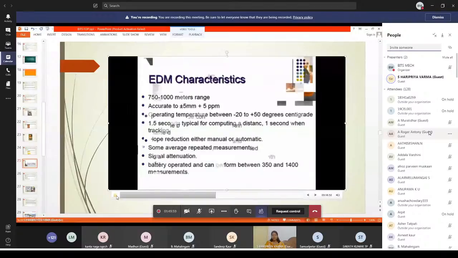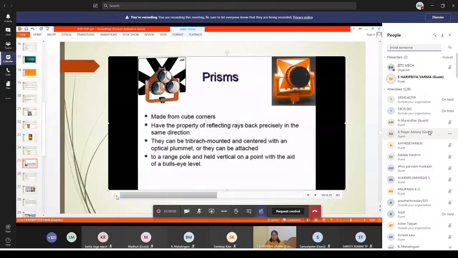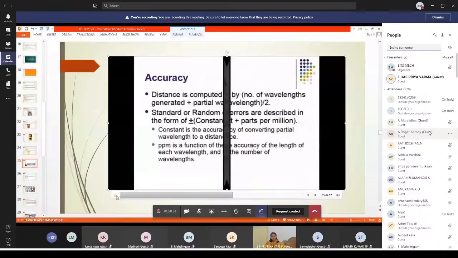And the operating temperature, and the EDM characteristics, and the prisms are made from remote unit.